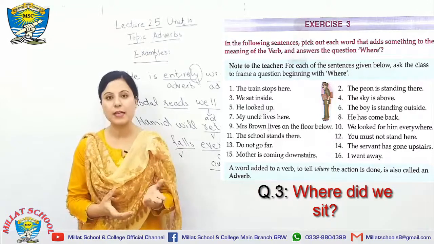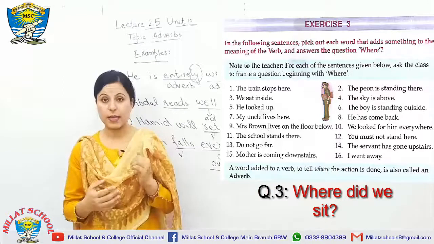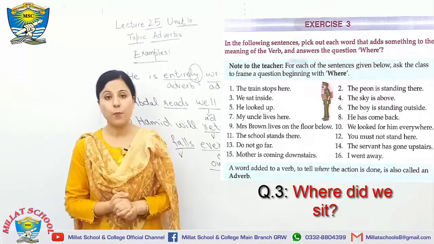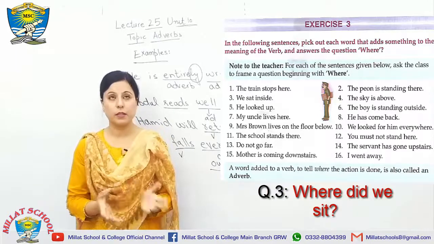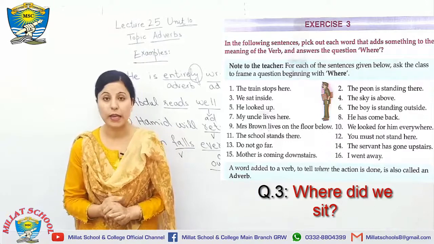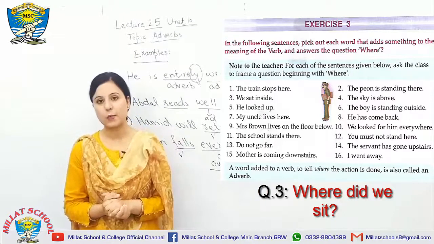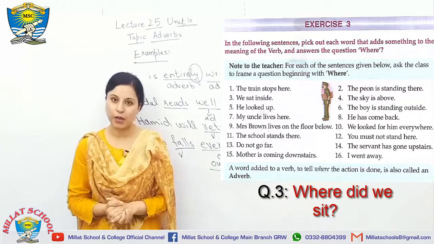And be careful, boys and girls, that if there is an answer or a question, both will be followed by their tenses, because if the question has been given in past tense, you are bound to give the answer in past, and if the question has been given to you in present, you are bound to talk in present.